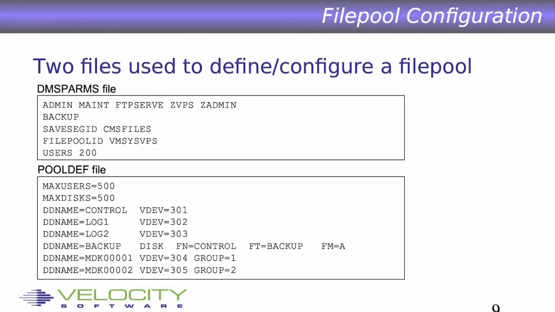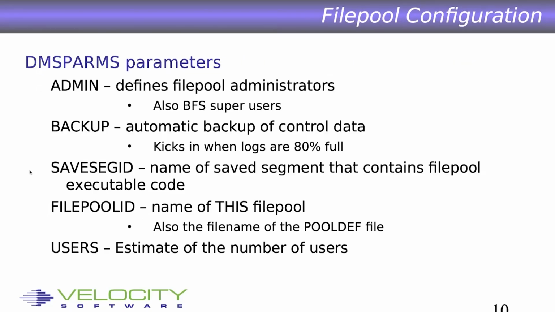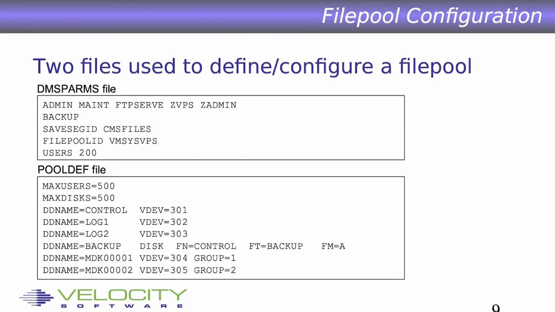So there are two files that are used to define or configure a file pool. First is this DMS parms file, and then we talked already about the pool def file. For DMS parms, the admin directive defines the file pool administrator. So these are the virtual machines or the users that have ultimate authority in the file pool.